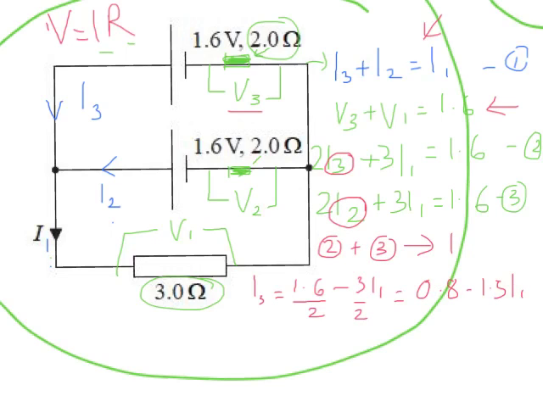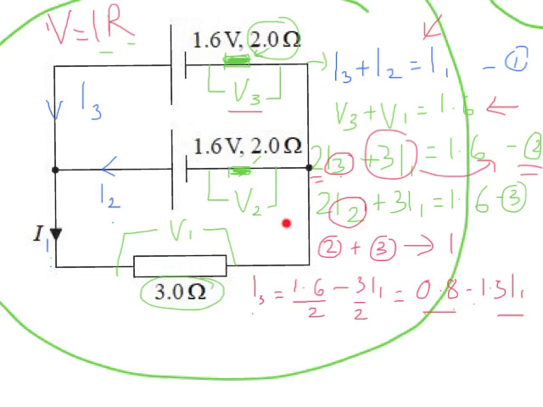If we do that to equation 2, we will end up with I3, current 3, equals 0.8 minus 1.5 I1. Why? Well, I made I3 the subject of the equation, subtracted this from here, divided it by 2, and I ended up with 0.8 minus 1.5 I1.